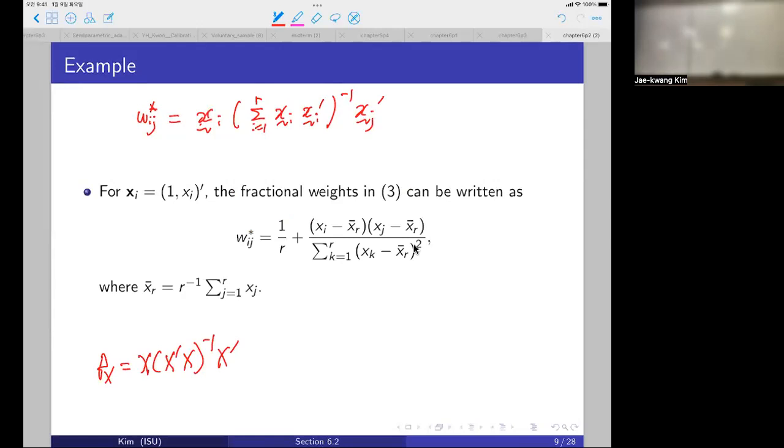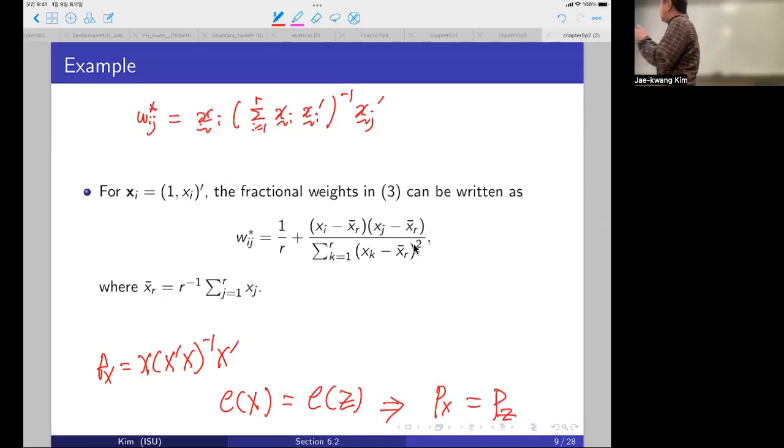One interesting property of the projection matrix is that it is invariant as long as the column space is the same. So Px equals Pg. As long as you have the same column space, you get the same matrix.